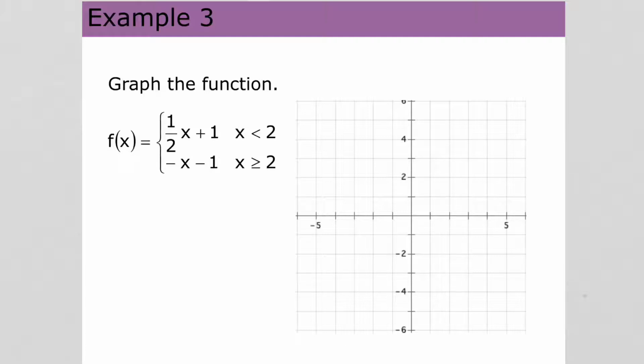So what I'm going to do first is graph the 1/2 x plus 1. Just the 1/2 x plus 1. So the y-intercept is 1. The slope is up 1 over 2. So it would look like this.